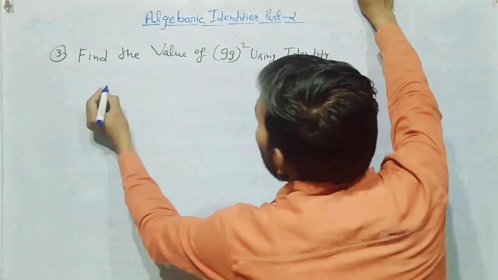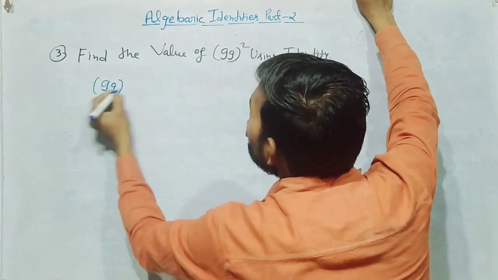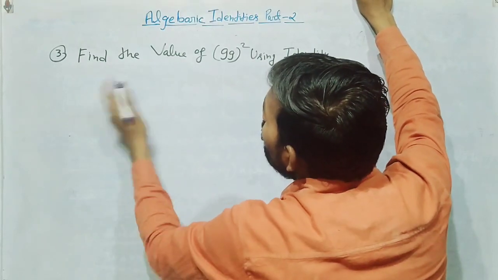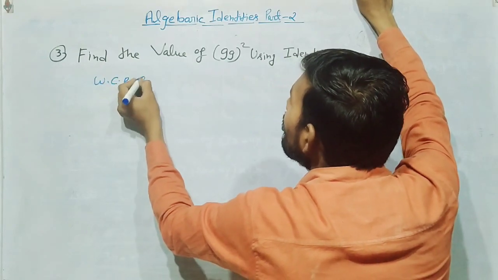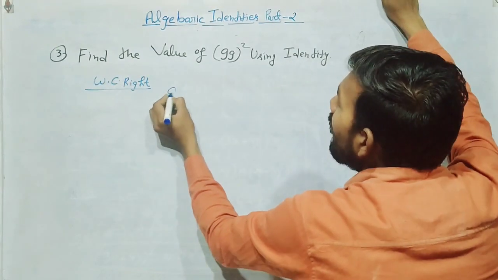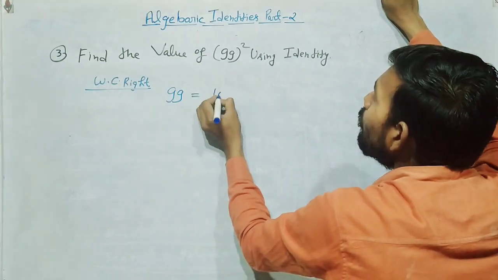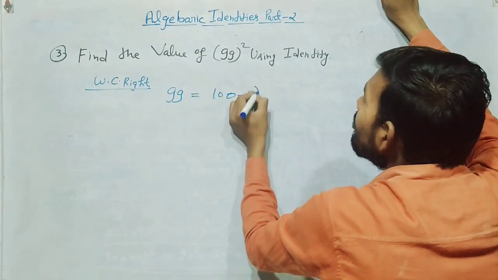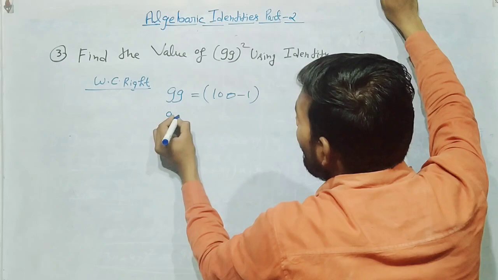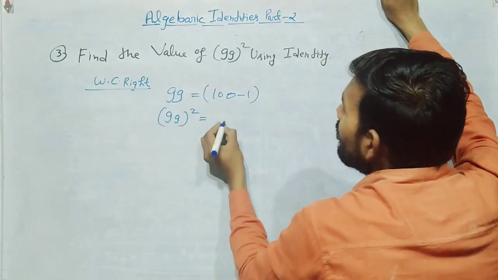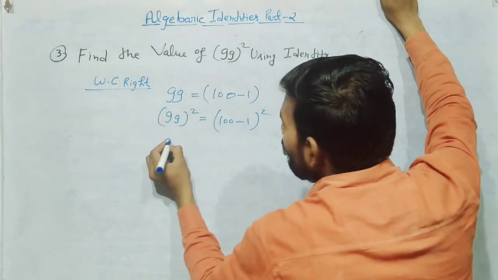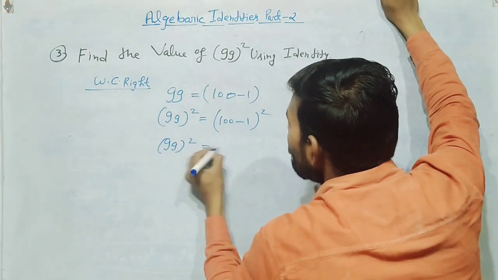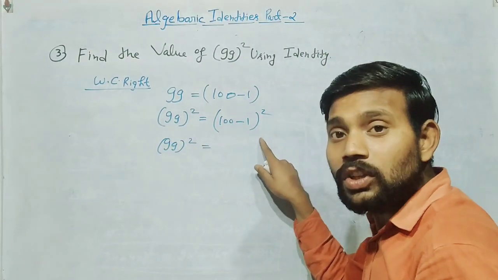Identity: 99 to the whole square. We can write 99 is equal to 100 minus 1, and 99 to the whole square is equal to 100 minus 1 to the whole square. So 99 square is equal to a minus b to the whole square.